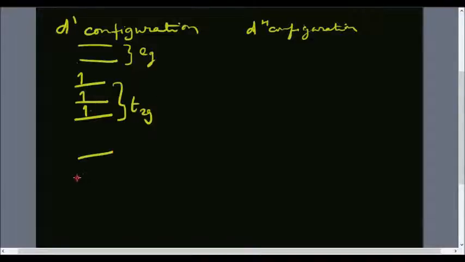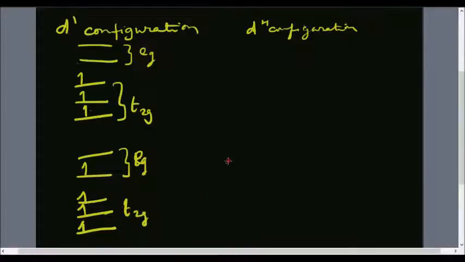The first case will be like this, Eg and T2g. Let us have the second case where the fourth electron pairs up with one of the electrons in the T2g orbital.